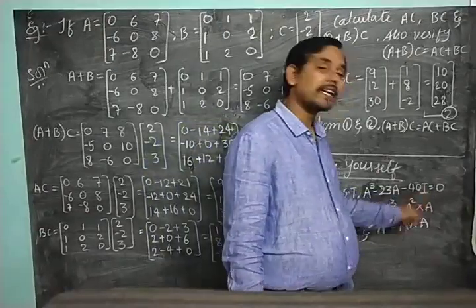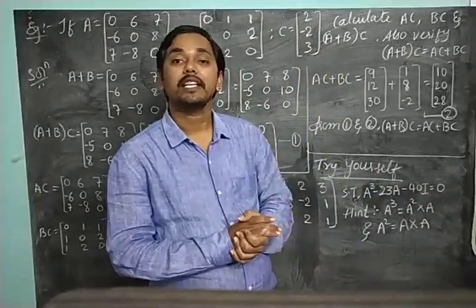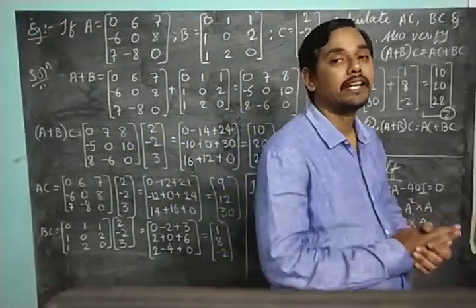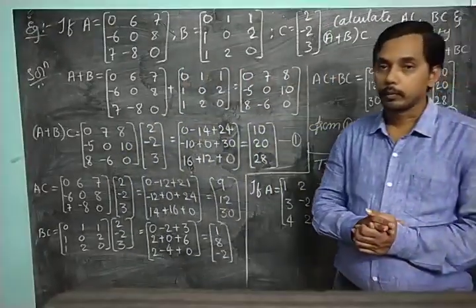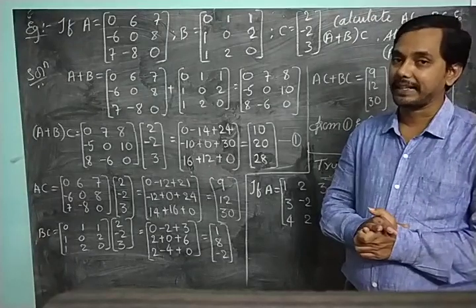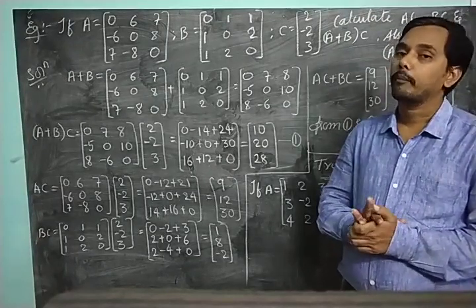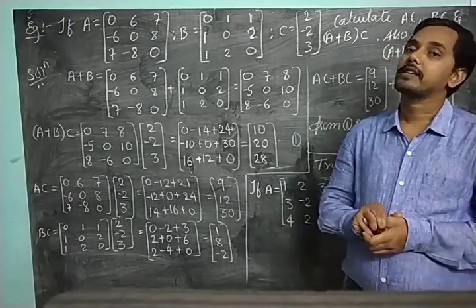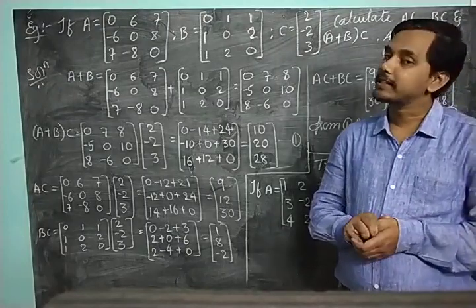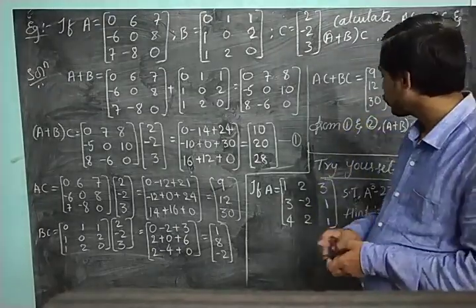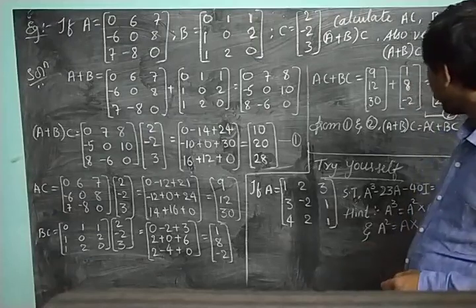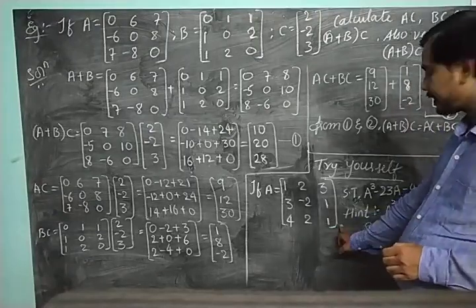And what is this I? This is the identity matrix. In the previous session I said what the identity matrix is for multiplicative matrices. That is the unit matrix. As it is a unit matrix, definitely it is a square matrix. A is of order 3 cross 3.